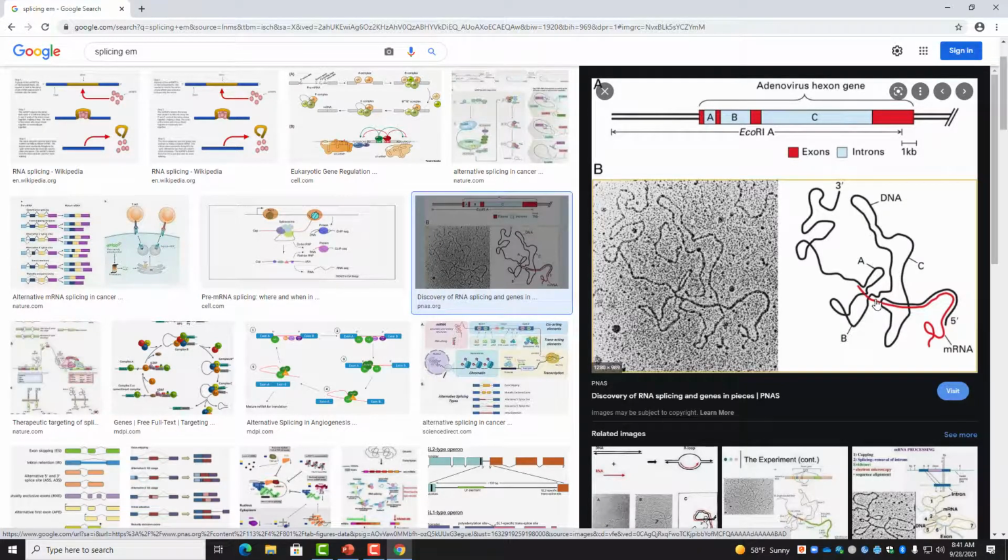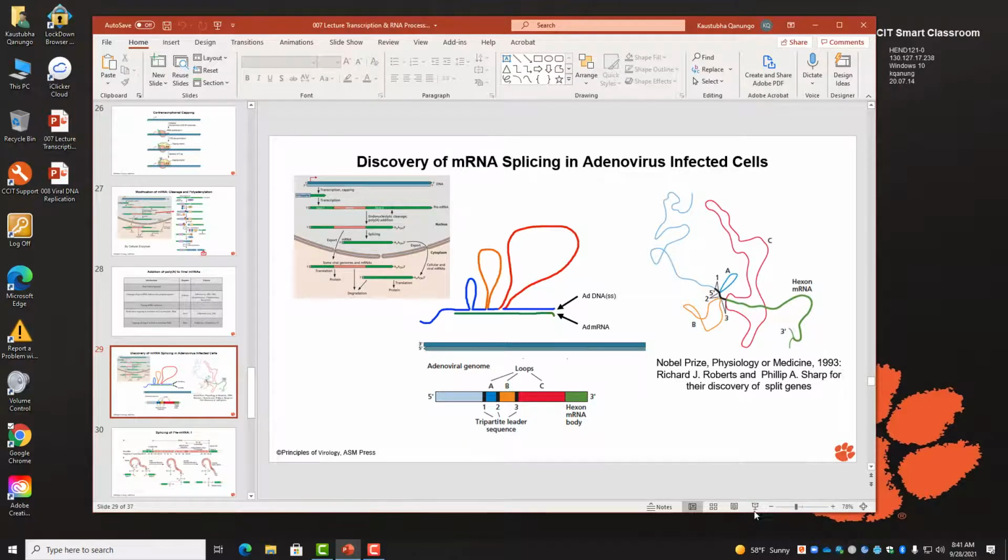That gave the idea that this portion is the mRNA right here, which is separated out, the mRNA and the single-stranded DNA, and all the black part is the genomic DNA. So that's basically what you are seeing in this picture as well.